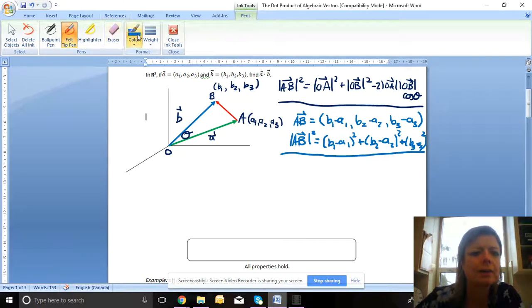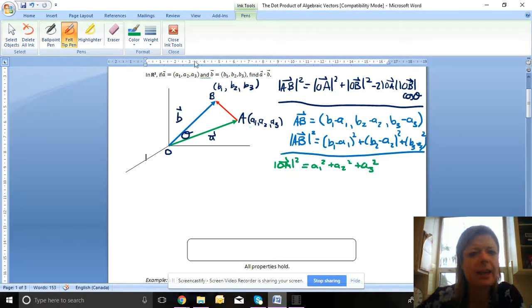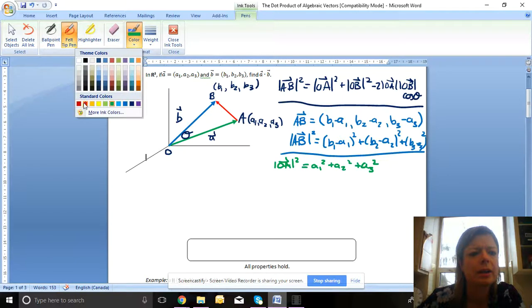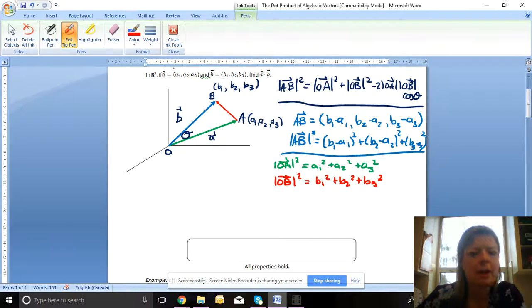Now we're going to find another way to represent OA squared. The magnitude of OA squared can be rewritten as A1 squared plus A2 squared plus A3 squared. And the magnitude of OB squared is B1 squared plus B2 squared plus B3 squared. Now one more thing we're going to represent: let's remember our dot product.